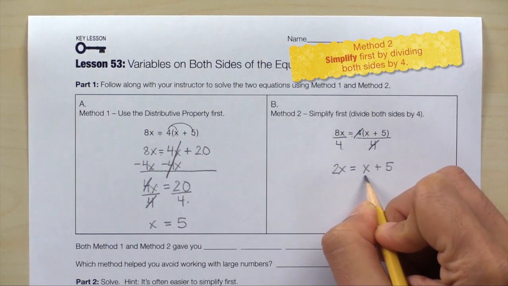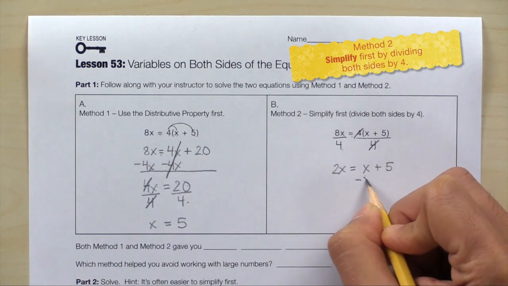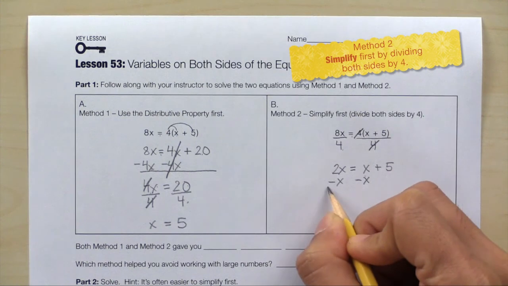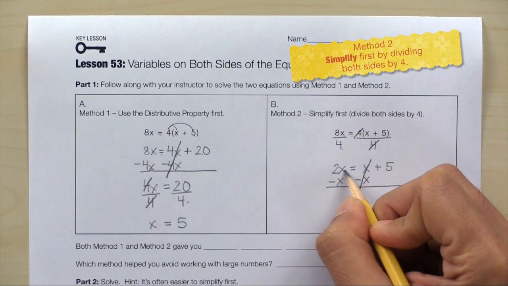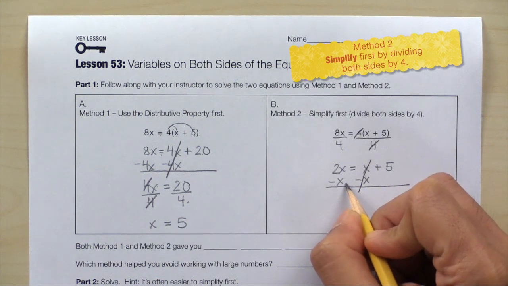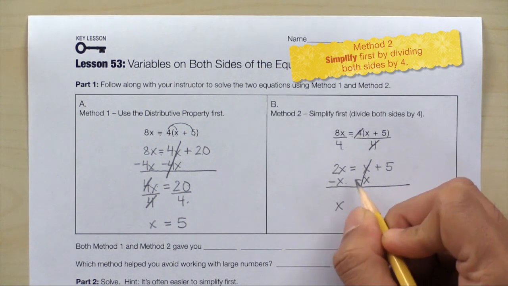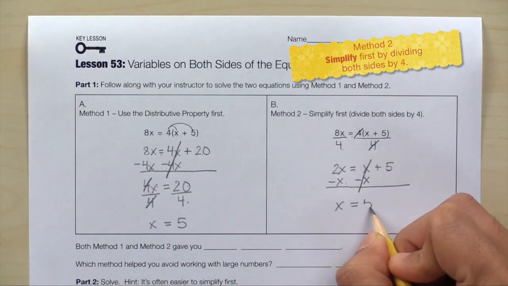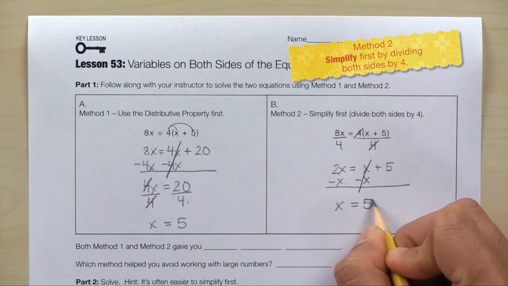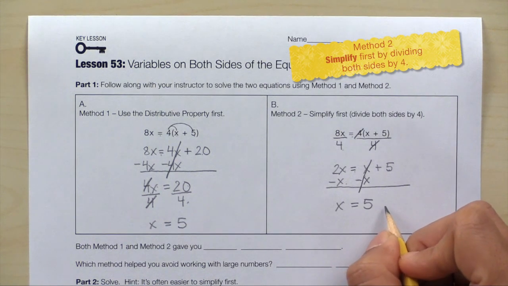Let's subtract x from both sides of the equation. 2x minus x equals x. Here's the equal sign. And here is 5. So our final answer is x equals 5.